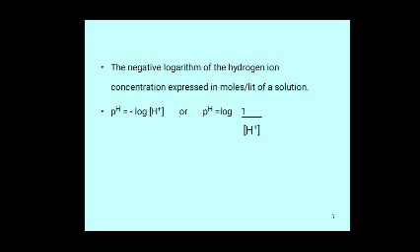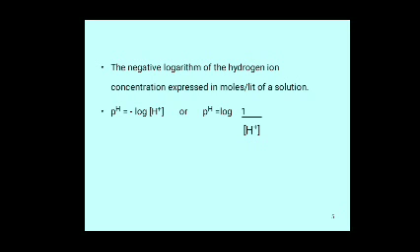Kw value is 1 into 10 to the power of minus 14. For this minus 14, log 10 to the power of n is equal to n log 10, and log 10 value is equal to 1, therefore minus into minus gives plus n.